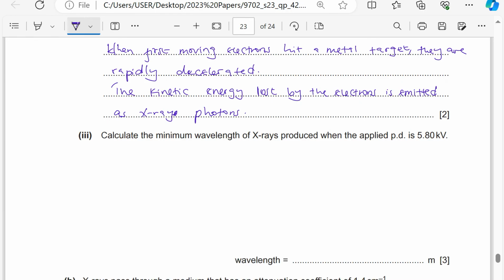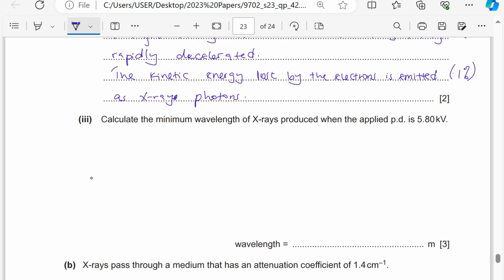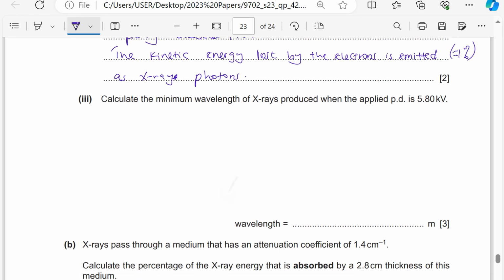Okay, so the kinetic energy which the electrons lose is emitted as X-ray photons. But remember, not all the energy is converted. Actually 99% of the energy becomes heat. Only 1% becomes X-ray photons. So for the kinetic energy lost by the electrons, I'll put here about 1% becomes X-ray photons.